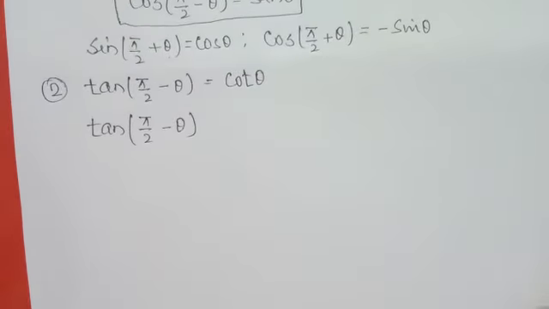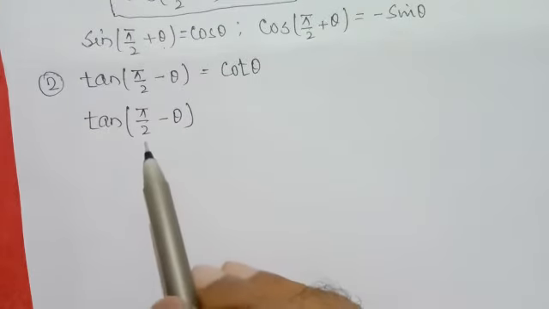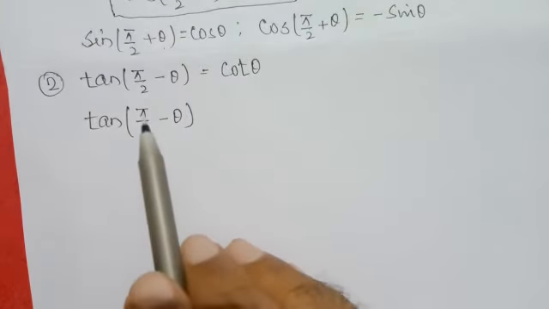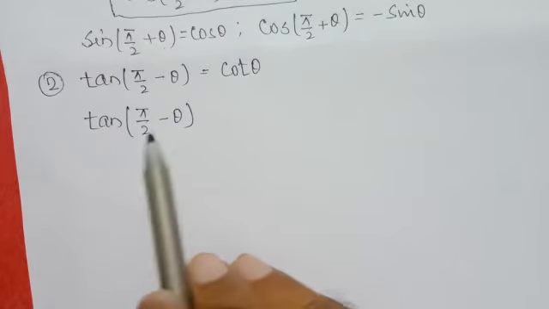So the next one is tan pi by 2 minus theta equals cot theta. Tan pi by 2 minus theta. I have no formula for tan A minus B.